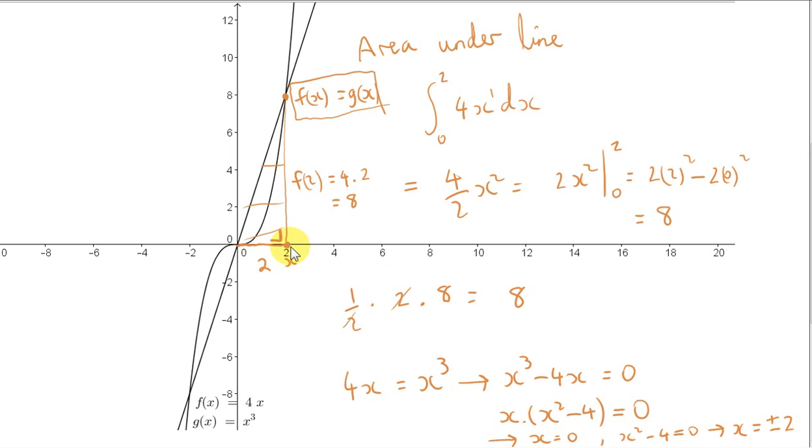So x equals plus 2 is the x value of one point of intersection of the two functions. x equals minus 2 is actually the other one. Well, by symmetry we can get that. We could just reflect this point through the origin, since f of x and g of x are odd functions. And also at x equals 0 both functions are equal. Well, that's clear from the diagram.